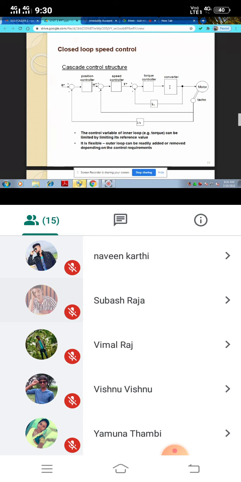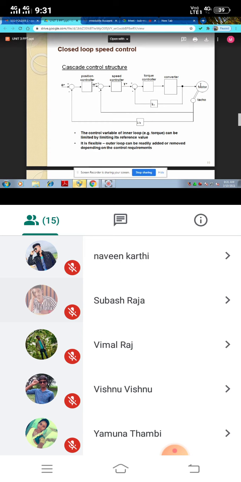This is called cascade. That word shows the explanation and connection here. Nearby the torque controller, one converter is connected. After the converter, the DC motor is connected here. Okay, these are the main series blocks.